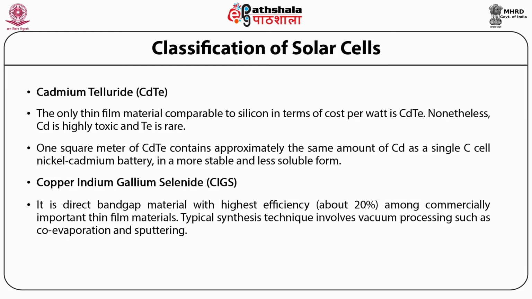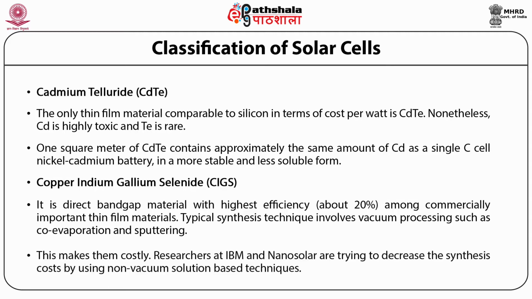Typical synthesis techniques involve vacuum processing such as co-evaporation and sputtering. This makes them costly. Researchers at IBM and Nanosolar are trying to decrease the synthesis cost by using non-vacuum solution based techniques.